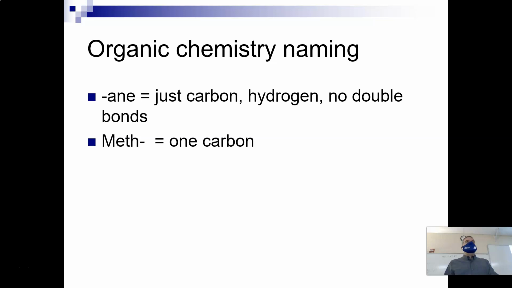So what's on your screen? What molecule is that? Methane, absolutely. Methane, which is a gas at room temperature, which is flammable, and which is a really common product of organic decay. In other words, when things that were alive start to break down.